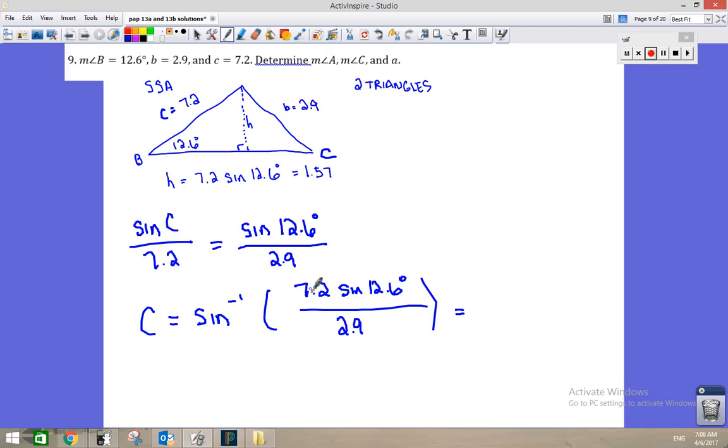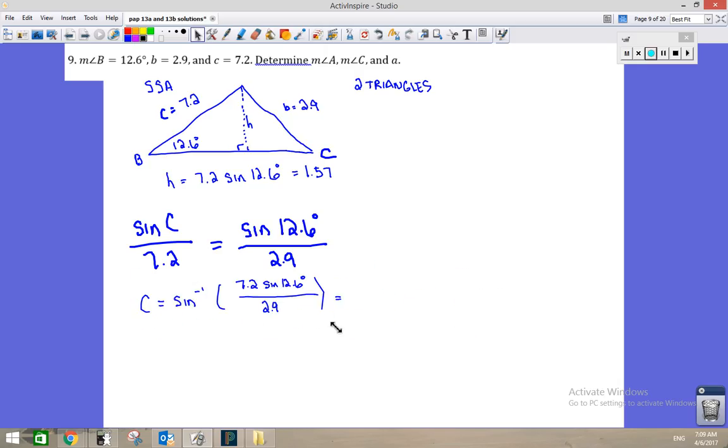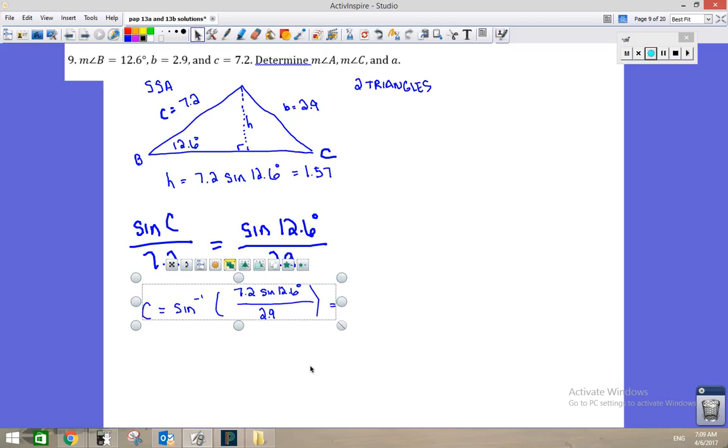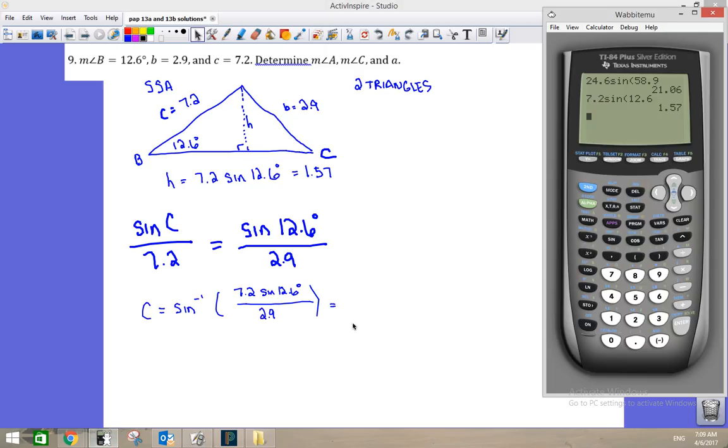The calculator is only going to look for angles between negative 90 and positive 90. Well, really between 0 and 90, because we don't have negative angle measures inside triangles. So I know that this is going to be an acute angle, but I also know that the calculator is not going to give me a second angle measure that's the supplement of this angle as another solution.